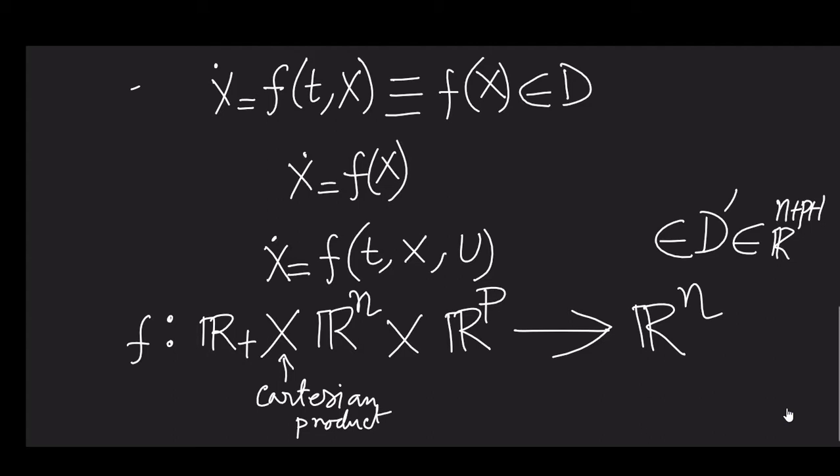And moreover, it is interesting to note that this system is autonomous if it is not dependent on time, right? Now, for an autonomous system, we can write it like x dot is equal to f of x.